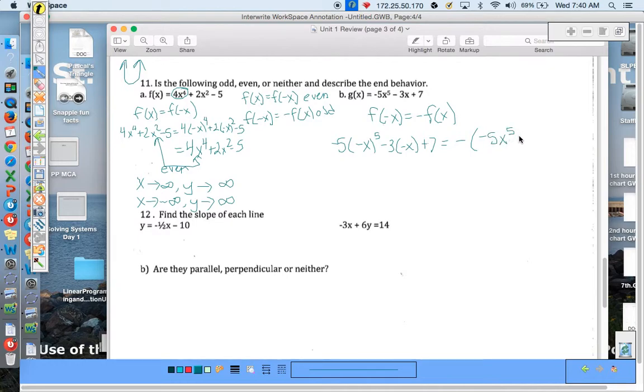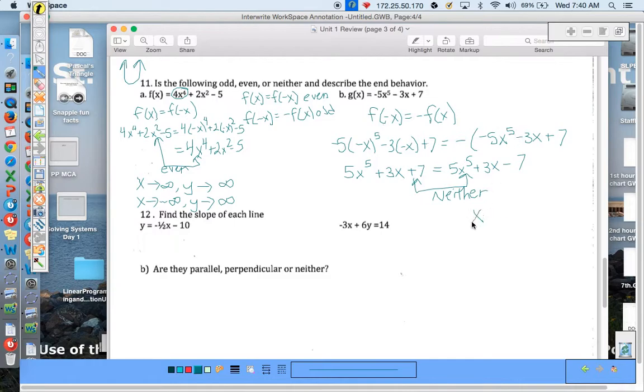So opposite of that entire function. Well, the negative stays, so this becomes positive 5x to the 5th plus 3x plus 7. Distribute here, 5x to the 5th plus 3x minus 7. So close, but they're not the same, so it's going to be neither.